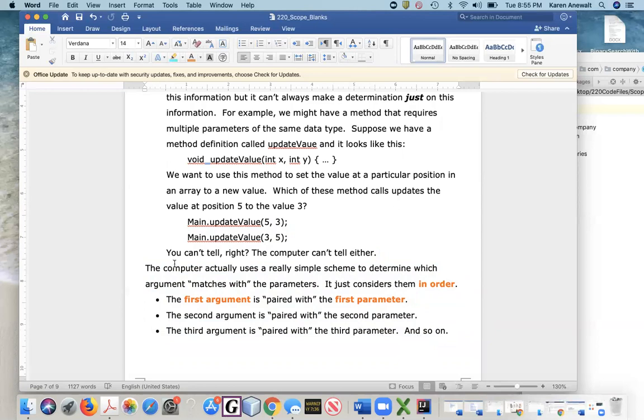Instead, the computer uses a really simple scheme to determine which arguments are paired with which parameters, and it's just based on order. So the very first argument that's listed gets paired up with the very first parameter. The second argument gets paired with the second parameter, the third argument gets paired with the third parameter, and so on, for as many parameters as there are in your program.